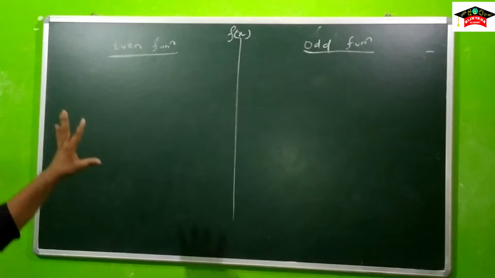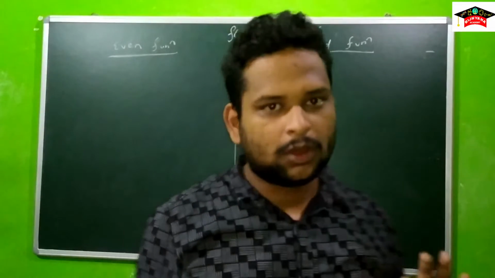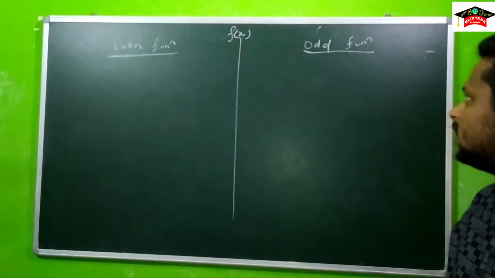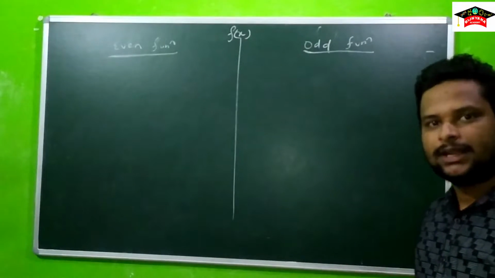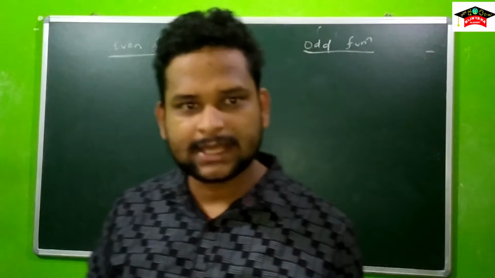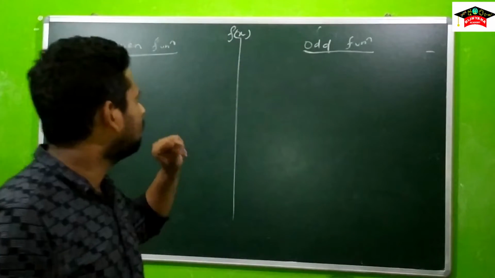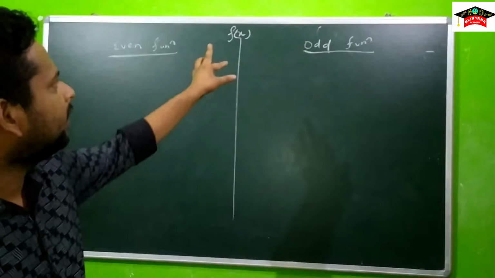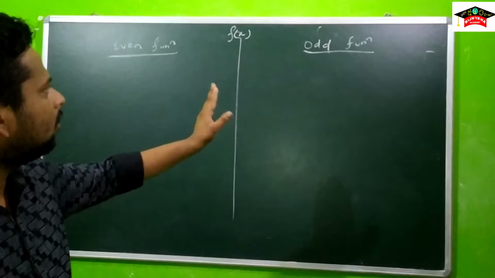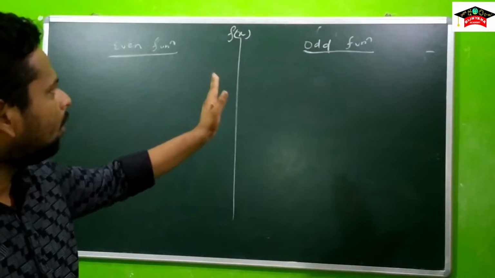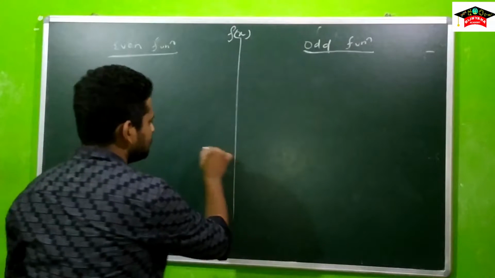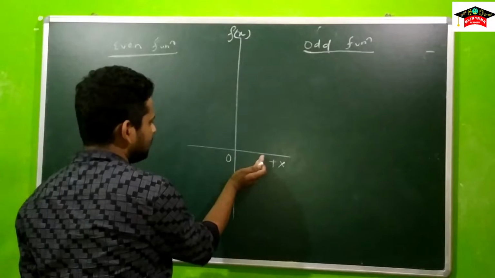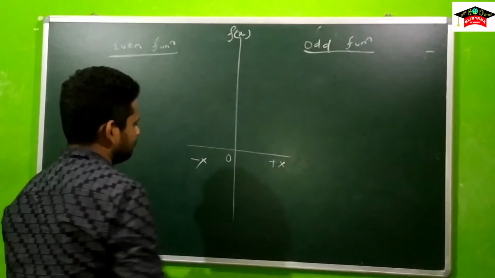To understand any function, let us consider the value of the function for an arbitrary variable, where x is the variable. We know that there is a reflection of coordinates. That means if you take the x-axis as the variable of the function, and if you change x to minus x, it is called the reverse of the variable x, or the reflection of the variable x about the origin. That means if this is the axis, this is 0, this is plus x, then the reflection of plus x on the negative side will be minus x.